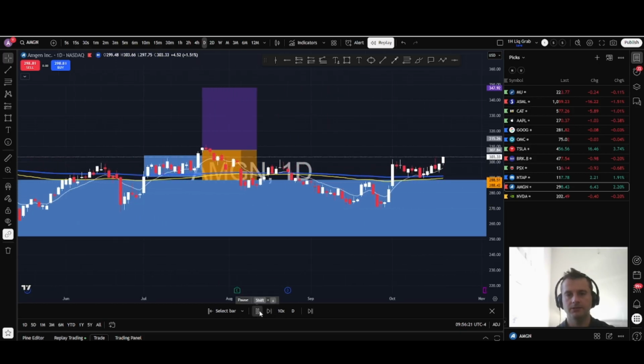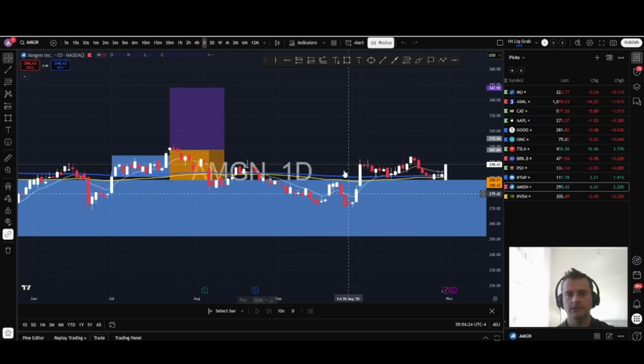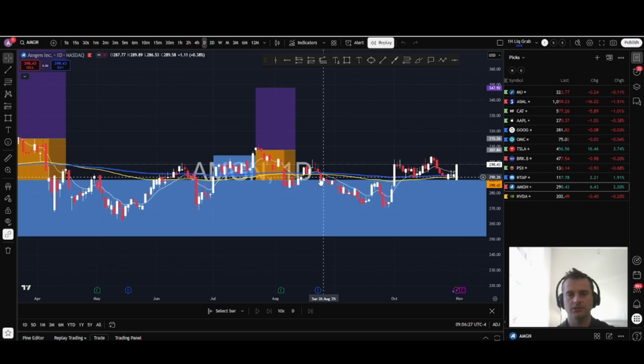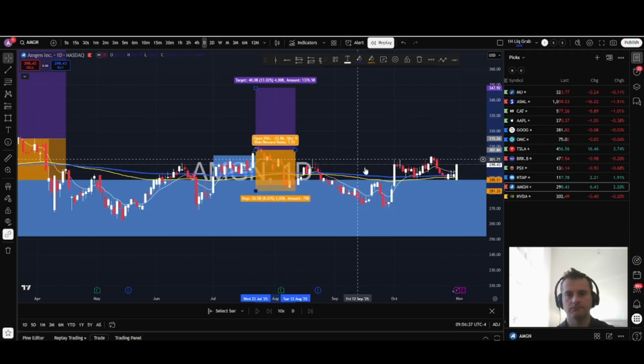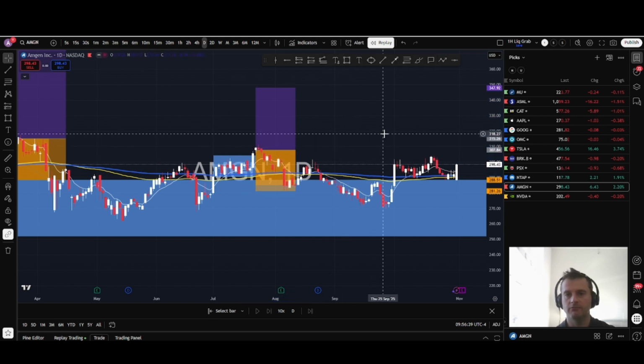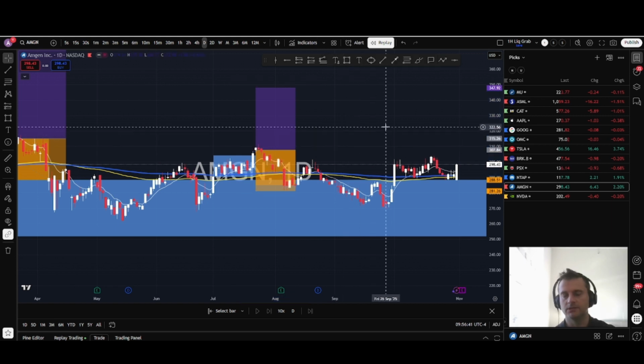And as you can see, the price did go a little bit higher, but there was such a long consolidation that I decided to exit the market, and this was actually a loss of almost 8-9% of my investment, compared to some of the gains that I got on the other stocks that I covered today.